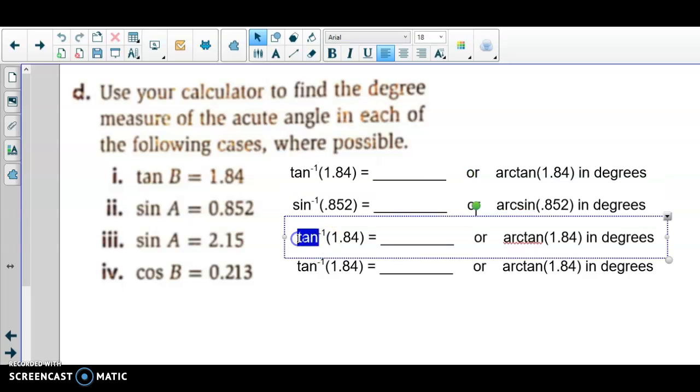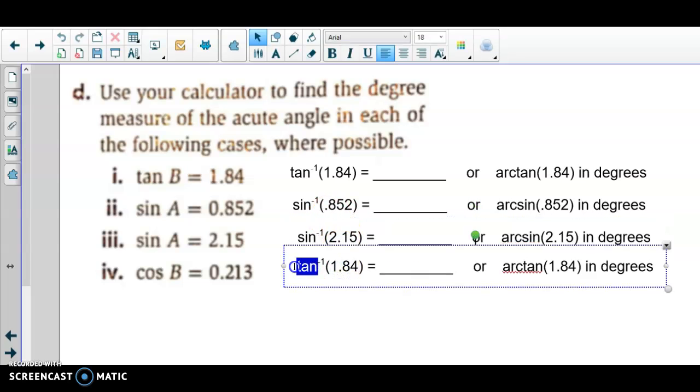Okay, here we have sine again, so we do arcsine of 2.15, right? I can tell you right now we're going to get a big nope problem with this when we go to do it. Okay, cosine inverse of 0.213. The 0 in the front doesn't matter, and this is arccosine, okay? And you're just going to type each of those things in, all right?